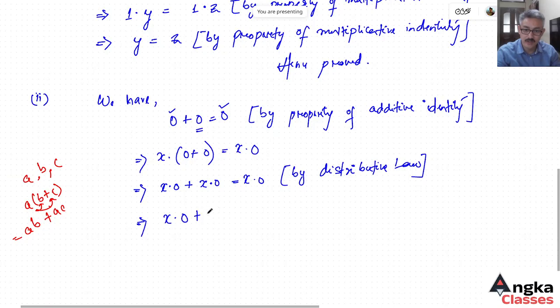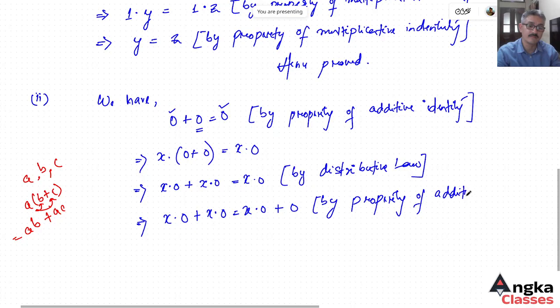Now next, on the other side, option b: x into 0 plus x into 0 is equal to x into 0 plus 0. Option b: 0 is the additive identity, adding 0 to any number gives the same number, by property of additive identity.